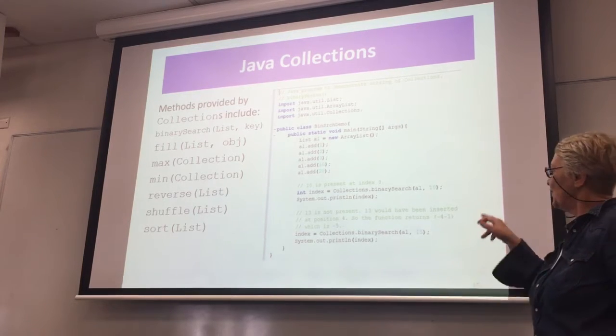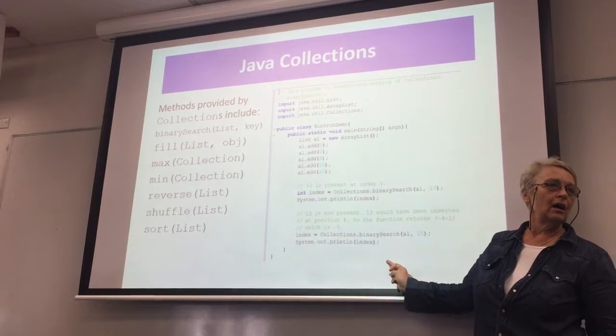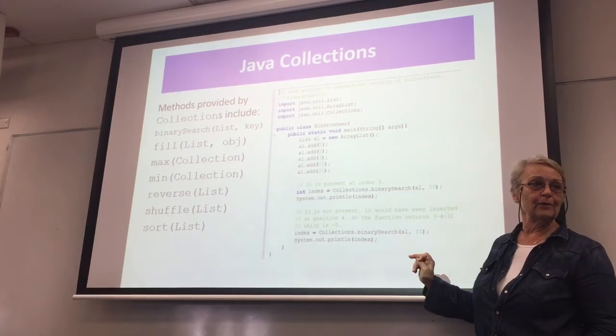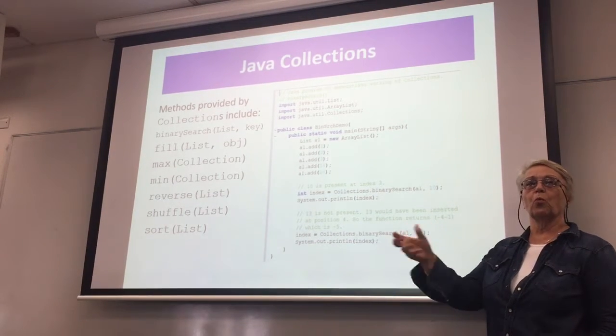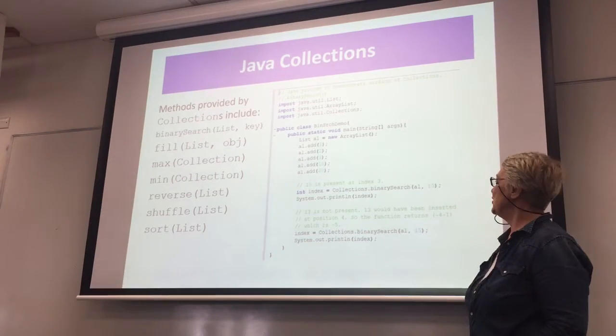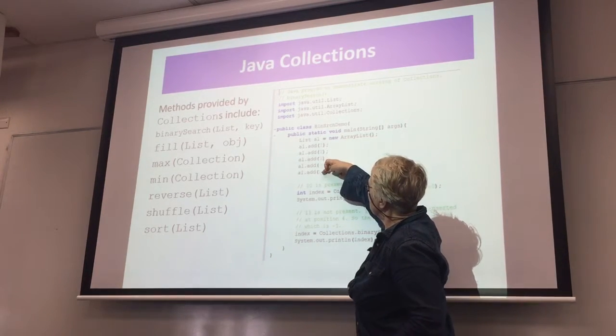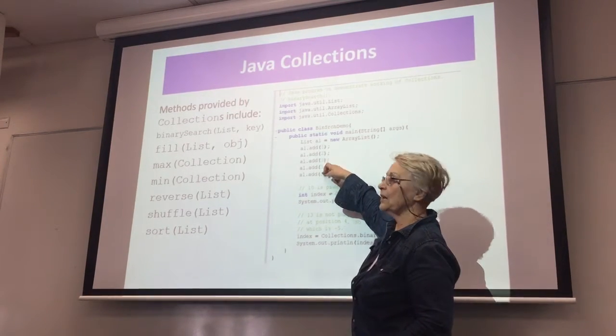When something is not found, like here, 15 is not in that collection, you get an output which is a negative value. And the way Java has decided to handle this is, okay, if 15 would be here, it would be between these two, right?